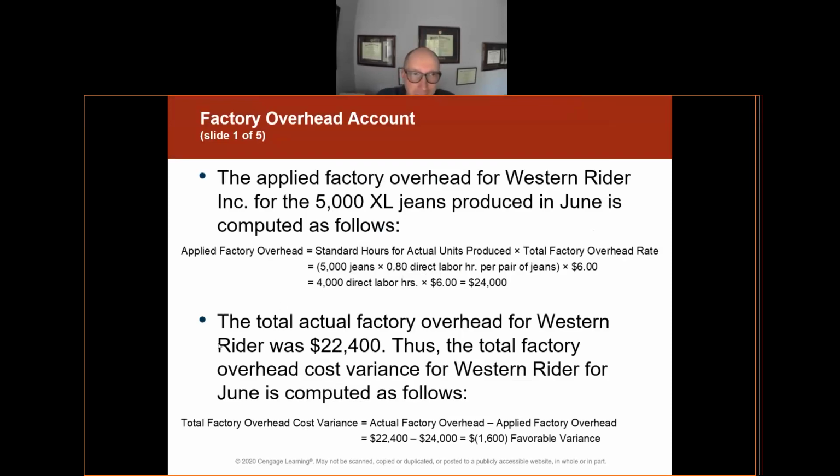Okay, a couple more to go. In our example, we produced 5,000 extra large pairs of blue jeans during the month of June. Our standard hours is 0.8 per direct labor hour.